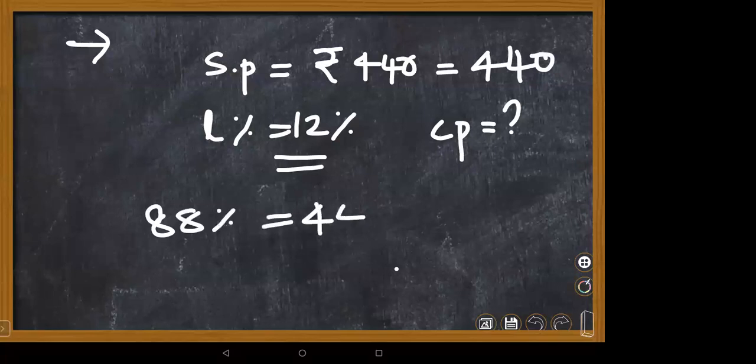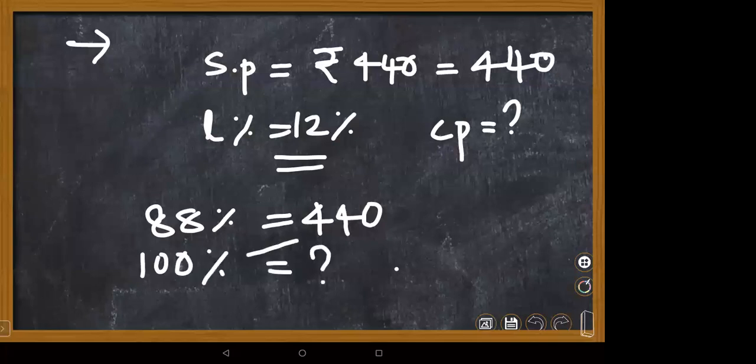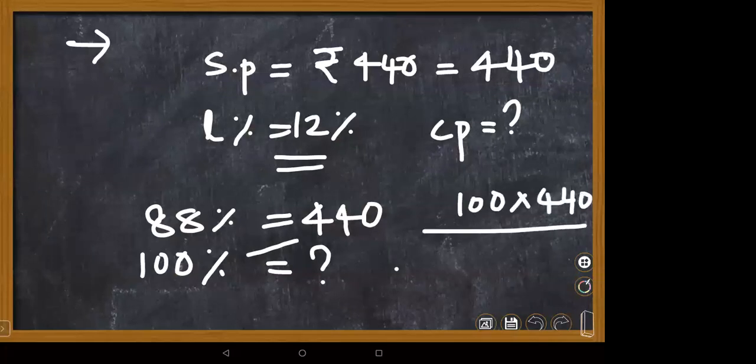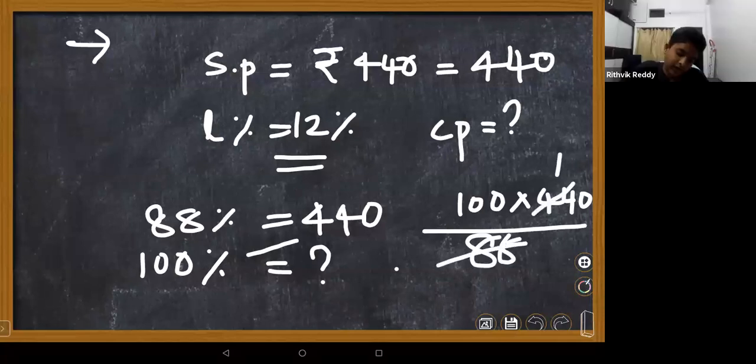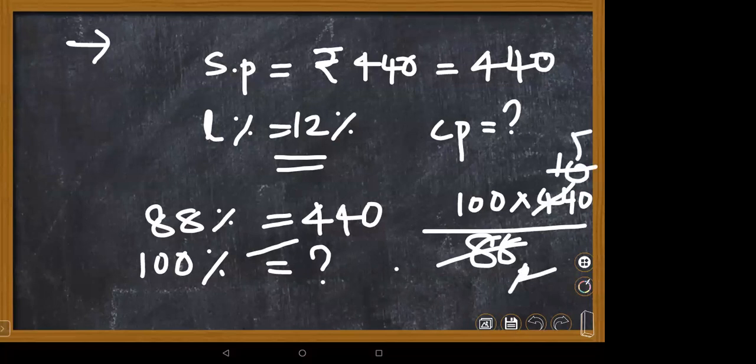Because selling price is given. So you need to find cost price, the 100%. So you just go with cross multiplication. 100 into 440 divided by 88. So directly we can get 500. Very good. 500 rupees is your cost price.